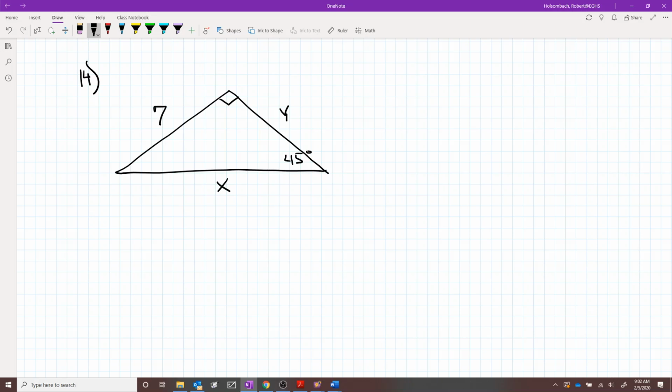In a 45, 45, 90, you've got two congruent angles, so you get two congruent sides. The legs in this triangle are congruent. So one leg is 7, the other leg is 7. It's a special right triangle, so the hypotenuse is equal to one of the legs times the square root of 2. So your x is equal to 9.9.